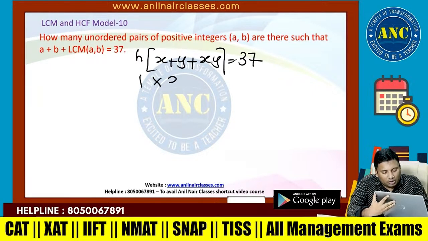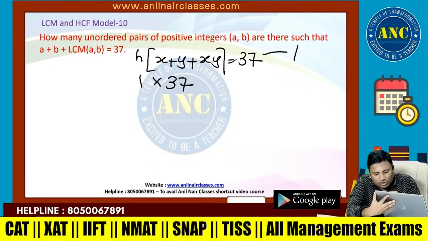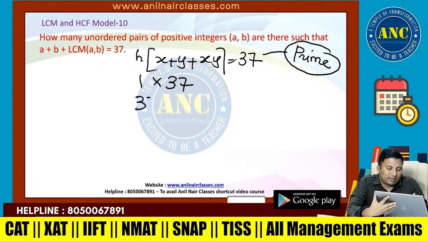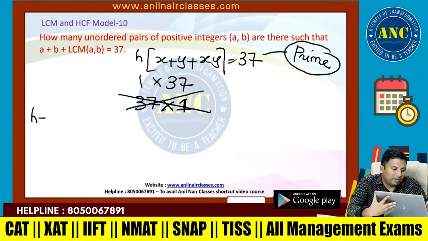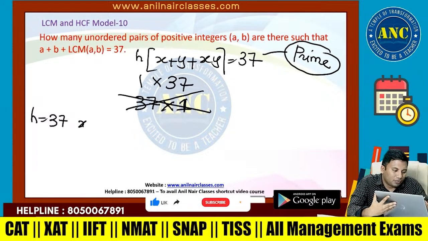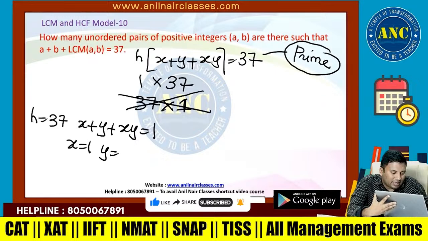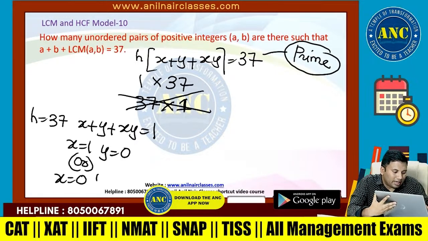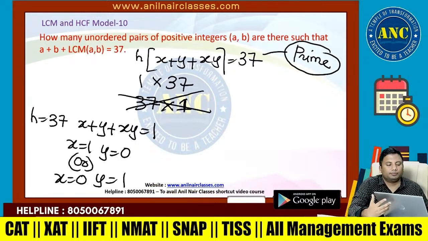This is 1 into 37. The catch in the question is that 37 is a prime number. 1 into 37, or 37 into 1. The case H is 37 is not possible, because then X plus Y plus XY equivalent to 1, which is only possible when X is 1, Y is 0, or X is 0, Y is 1.